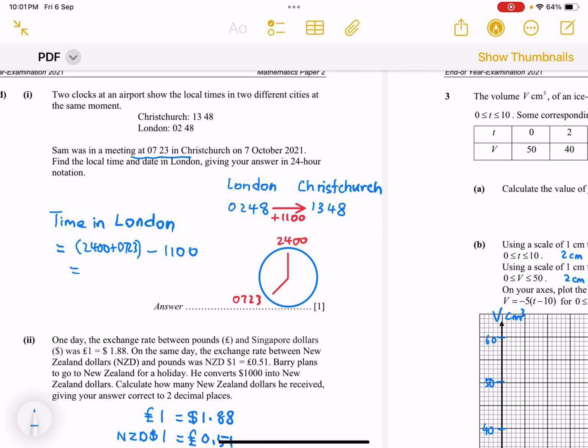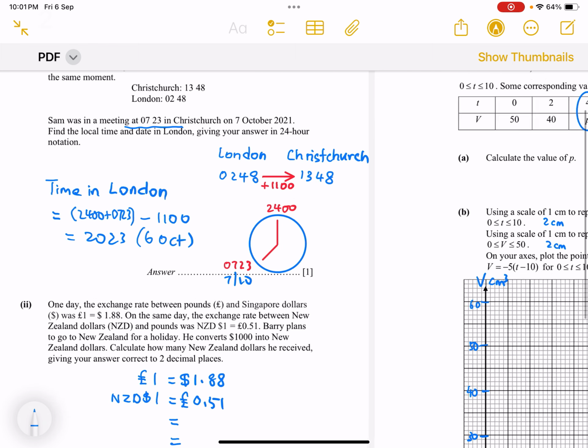That will be the time in London, which is 20:23, and it's actually before 7 October in Christchurch. Therefore, this answer is 6 October, because it's before 2400 hours.